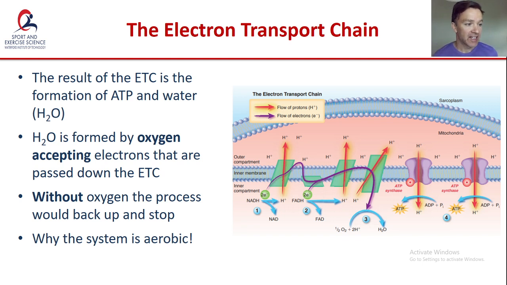The result of the electron transport chain is the formation of ATP, that's what we want, energy, and also water, H2O. The H2O is formed by oxygen accepting the electrons that are passed down through the electron transport chain. So we see here, this is the electron transport chain, and we can see that we have the NADH, the FAD, and the loose hydrogens are all accepted in at various stages.